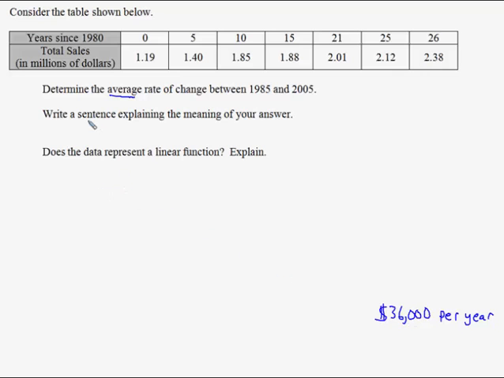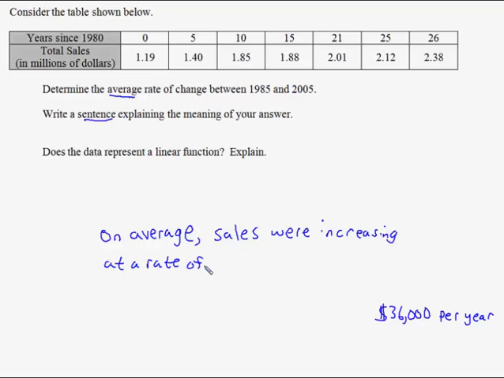So to form a sentence, I would say that on average, sales were increasing at a rate of $36,000 per year.